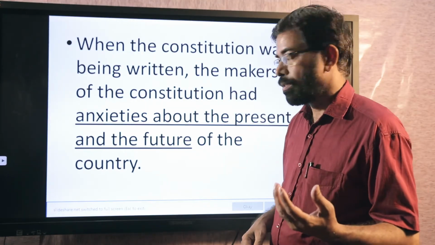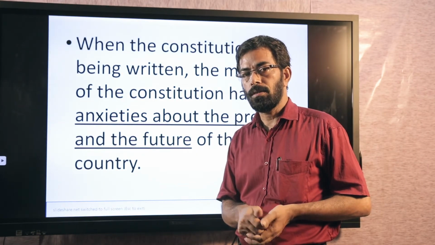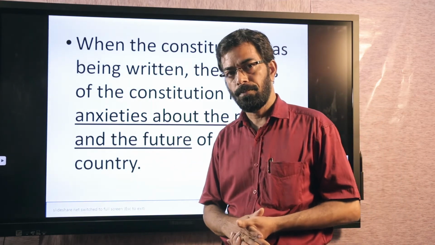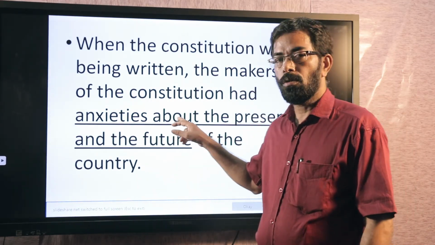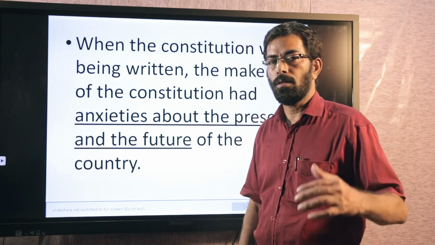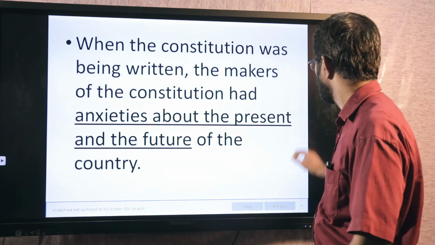As India was a country of diverse people, it was not an easy task to satisfy all sections of people together. Therefore, they were quite worried about the present and future of the country.